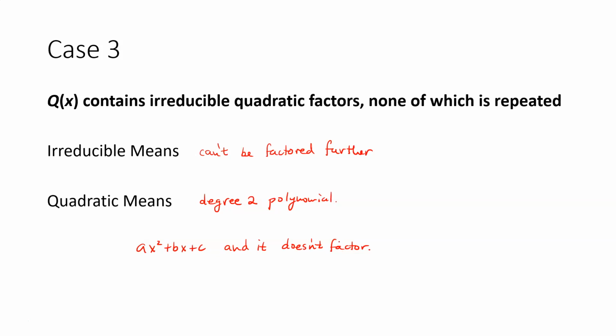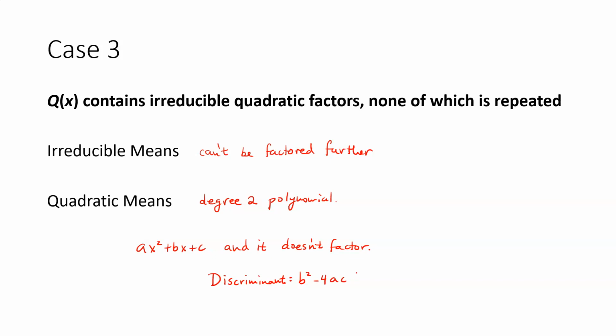And one way to tell if it can be factored or not is you look at the discriminant, which is the part of the quadratic formula that's under the square root, right?